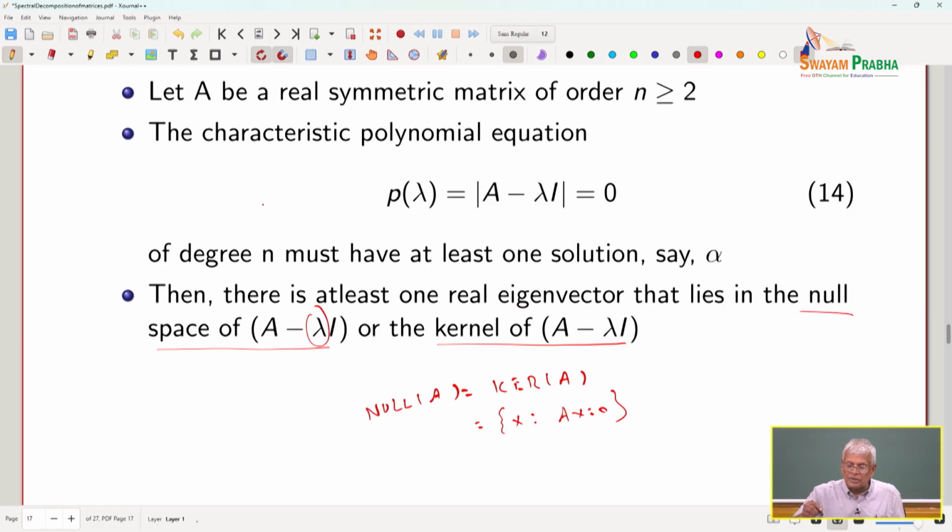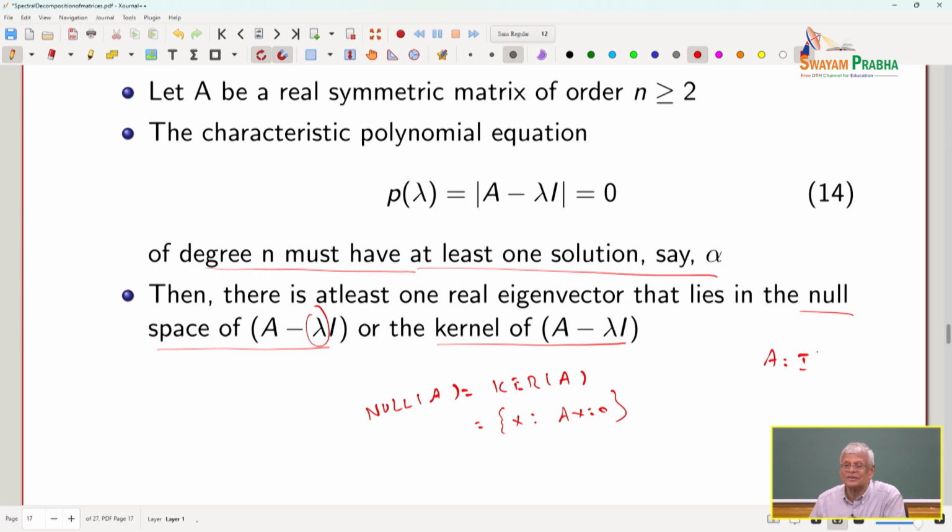Let A be a symmetric matrix of order n greater than or equal to 2. The characteristic polynomial has degree n and must have at least one solution, say alpha. An nth degree polynomial must have n solutions, but all the solutions can be coincident, so there must be at least one. For example, if I take A to be an identity matrix, what are the eigenvalues of the identity matrix?